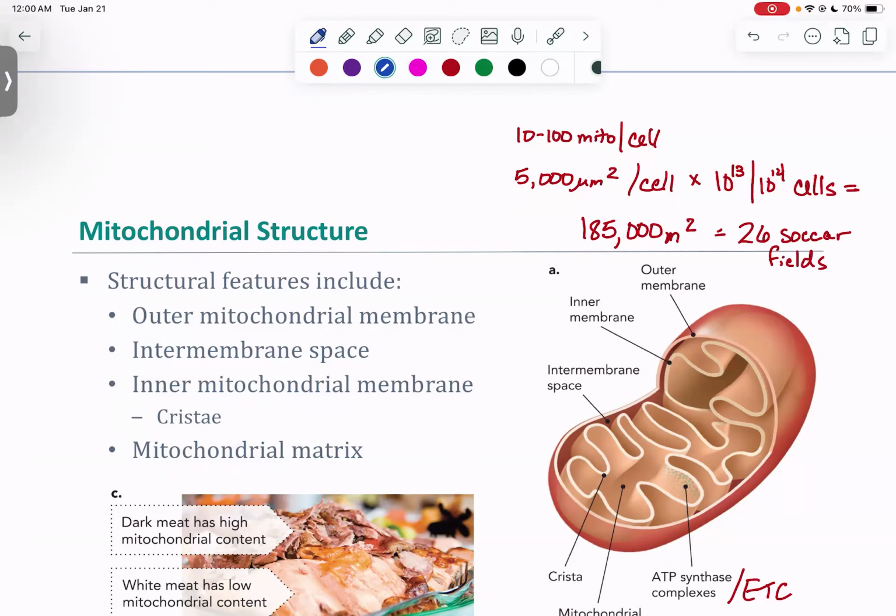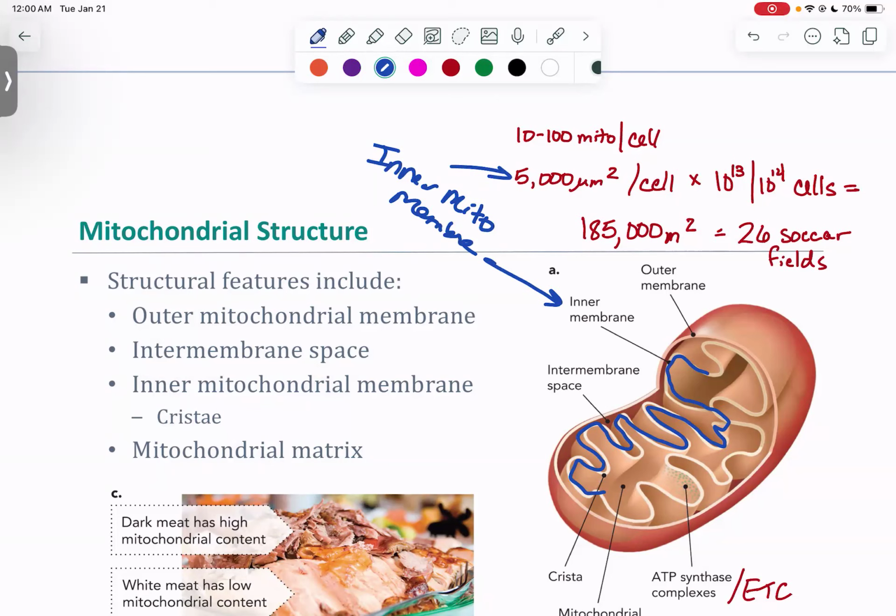And if you look at the surface area, you'll have about 5,000 micrometers squared per cell of mitochondrial membrane, right? This is our inner mitochondrial membrane, right? So it's this one that can be folded into all the cristae and that kind of thing, right? So that's our inner mitochondrial membrane.